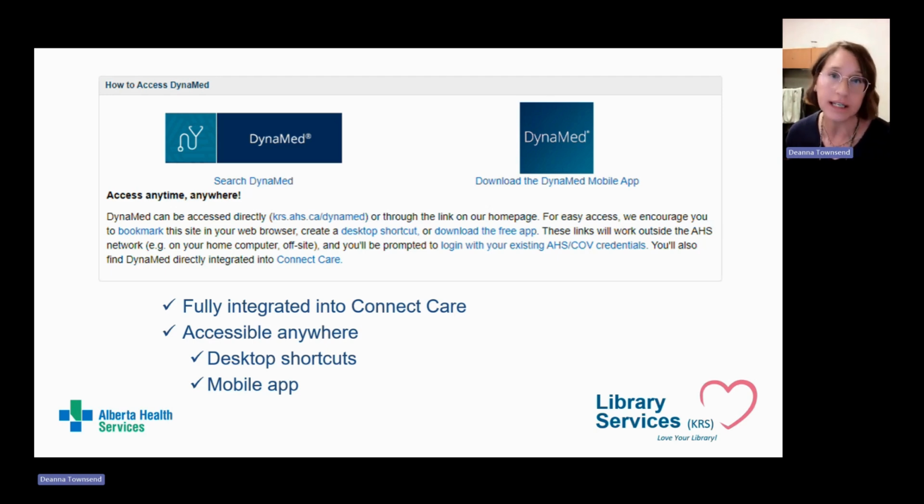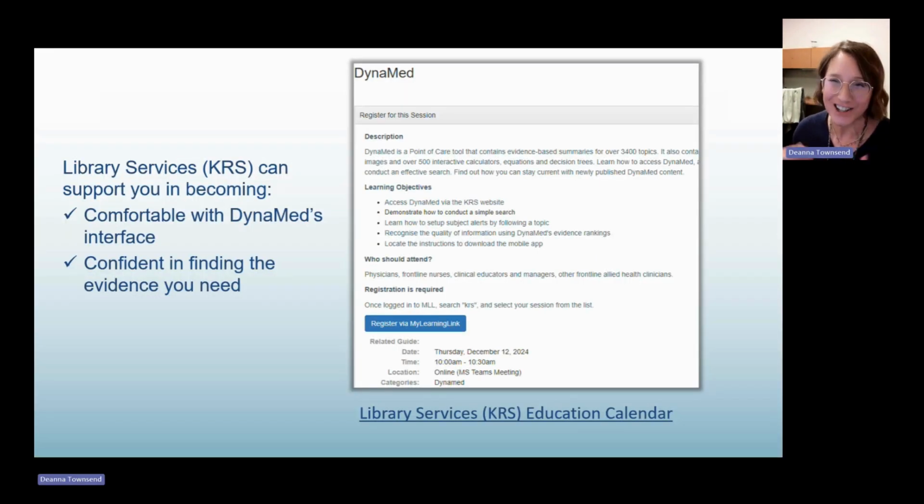It's fully integrated into Connect Care. It has accessibility with mobile applications as well as desktop shortcuts, which allow you to integrate it well into your workflows. Additionally, our library services is really here to help you become comfortable with these tools.